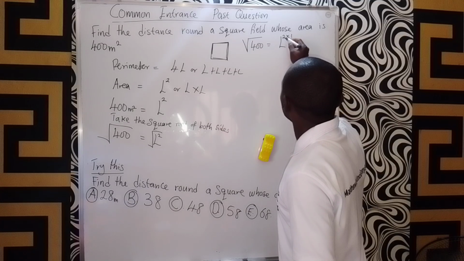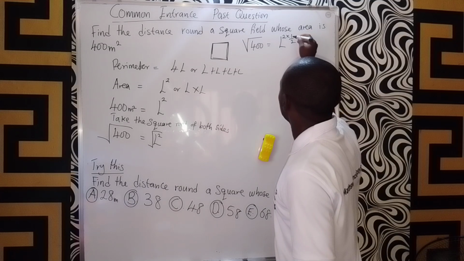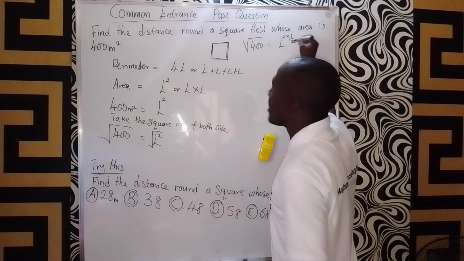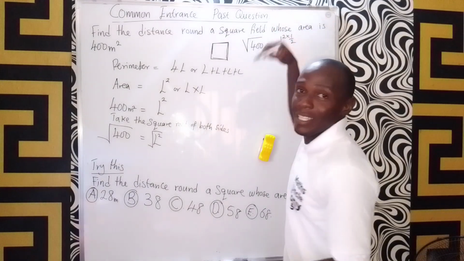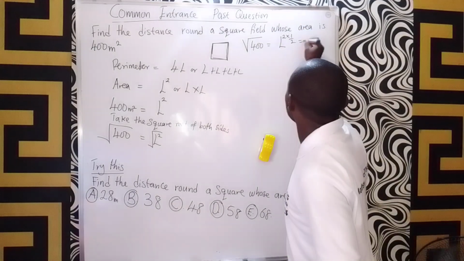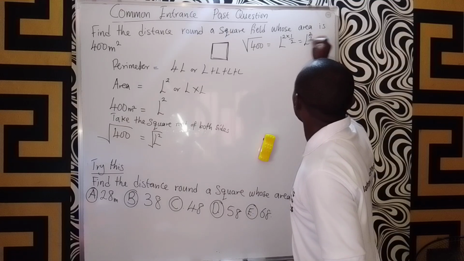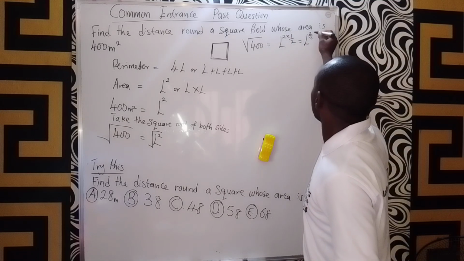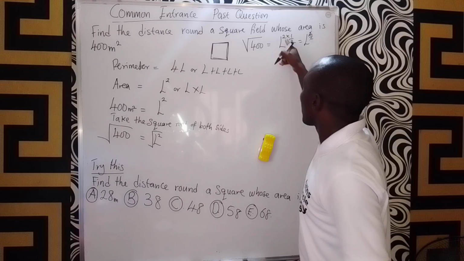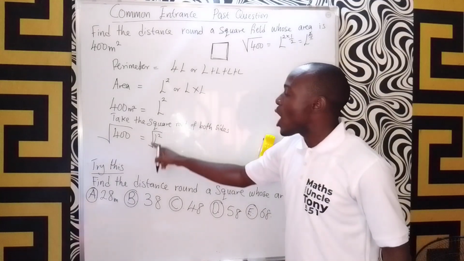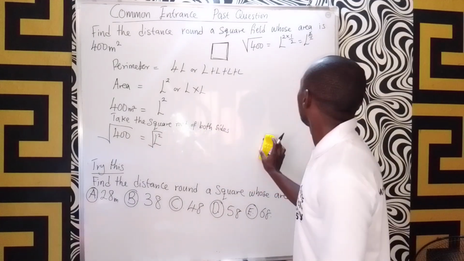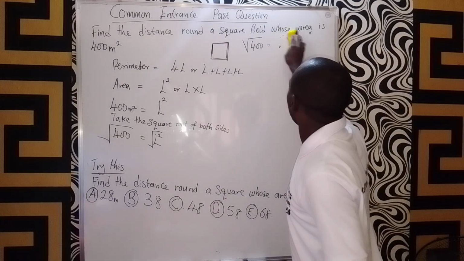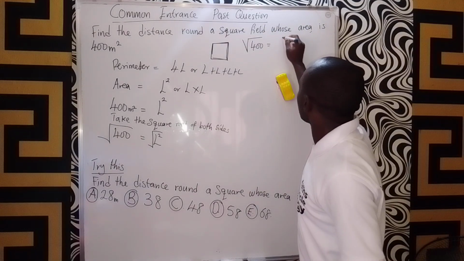If you observe, 2 times 1 over 2 is 1, so L raised to power 1 is the same thing as L. The 2 over 2 cancel each other. That is why the square root of L square is L. So we have square root of 400 is equals to L.